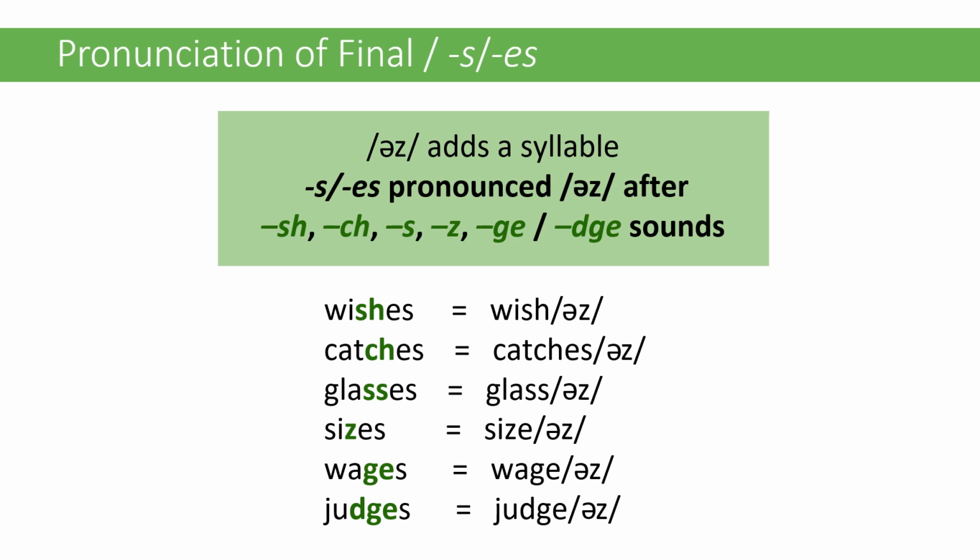Wishes, catches, glasses, sizes, wages, judges. So you'll notice each one of those is one syllable, and when we add the S, it becomes two syllables. So wish is one syllable, but wishes is two. Catch is one syllable, catches is two.